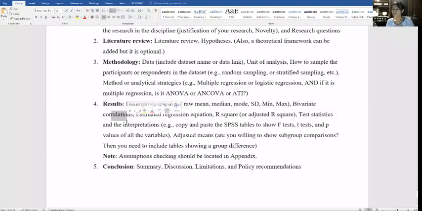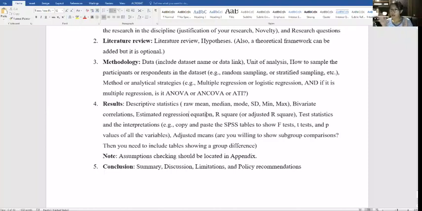Because this is not a contextual course, I do not know a lot of things about your variables. You know more than me about your topic. But what I know is when I see the model, I want to compare the correlation table together. That's why I need this one. And the regression table.